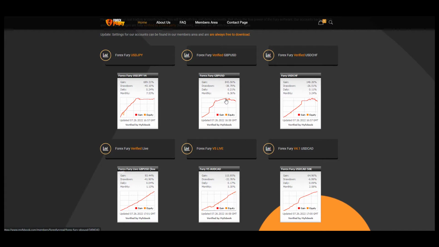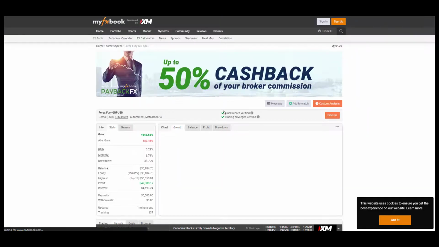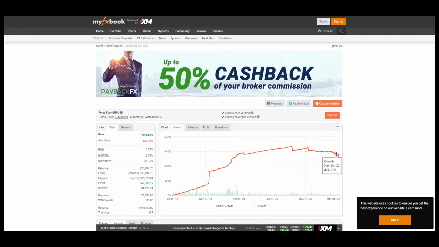There are some strategies that look like they've fizzled out a bit over time. Let's just click on this one, GBP USD. We've seen one there which looks like a low risk strategy which has performed very well. This must be high risk, and looks like it's going through a bit of a flat period. So I'm hoping that you can pick and choose what strategies you want, in terms of the product market that you want to trade, and be able to backtest and look at the results so you can get the optimal positions for you.